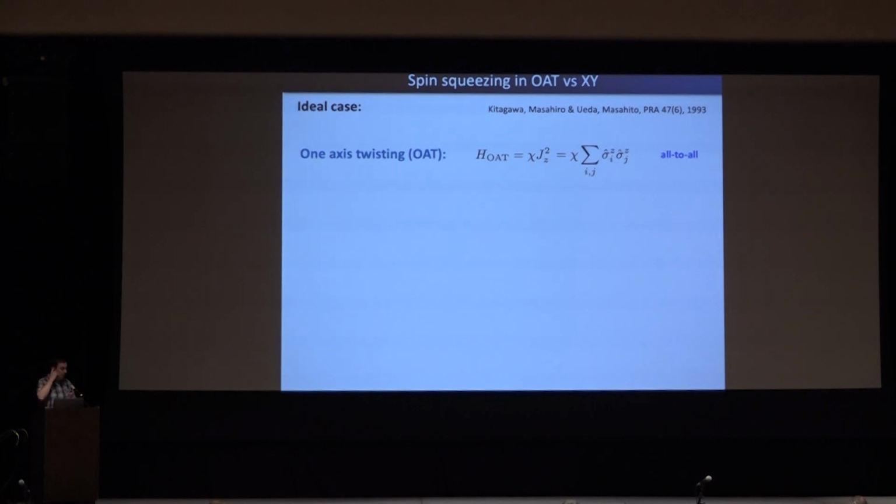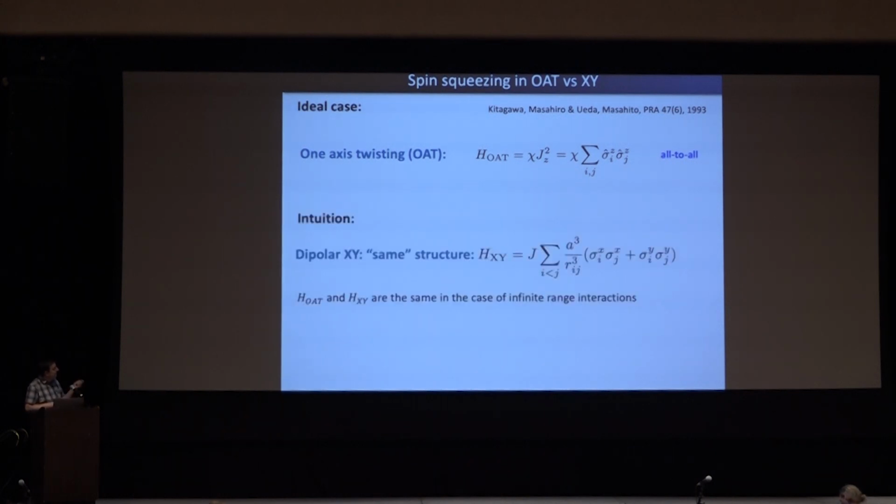Before continuing, perhaps I should mention that the canonical way to create spin squeezing in other systems is to use the one-axis twisting Hamiltonian, described by the expression that you see here, where you have these Pauli sigma z matrices. And this is, importantly, an all-to-all type of Hamiltonian.